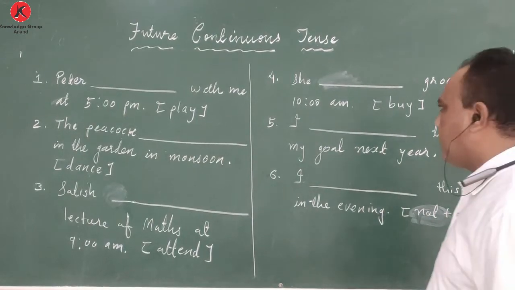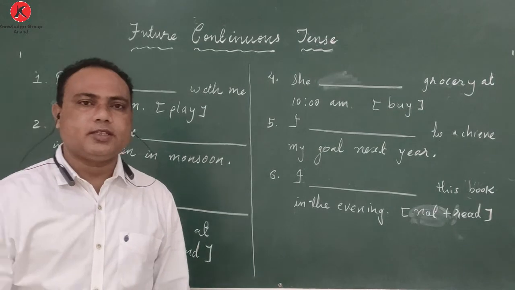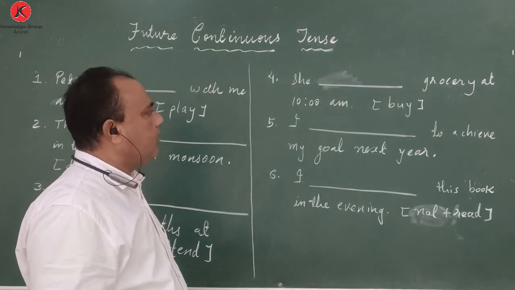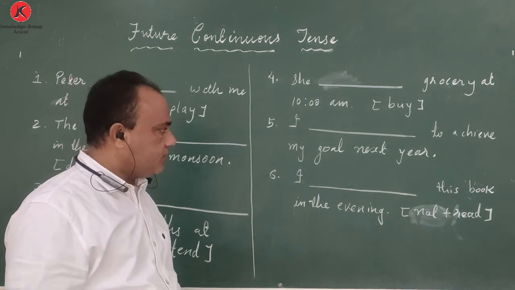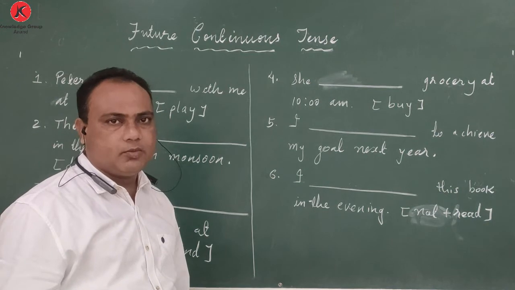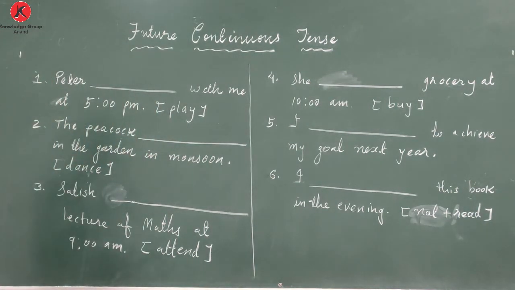Okay, students, we are ready here with the exercise. Because of the limitations here, we have only 6 sentences. I had kept the space, yet only 6 sentences, and the letters may be very small. You can zoom in on the video and see through it.